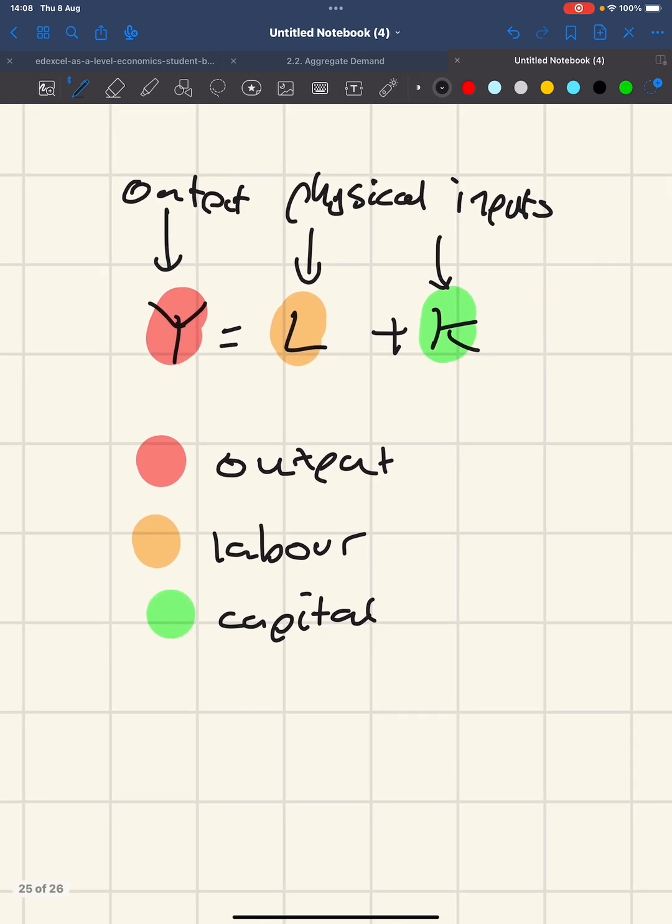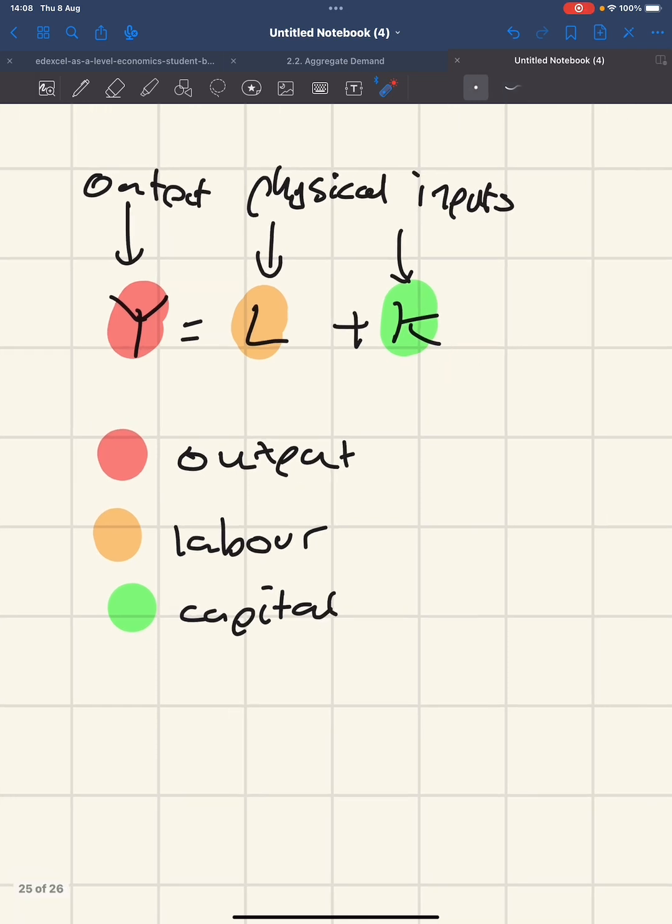Here we have Y, which is output, equal to labor plus capital. Output, labor, capital. So what does this mean?